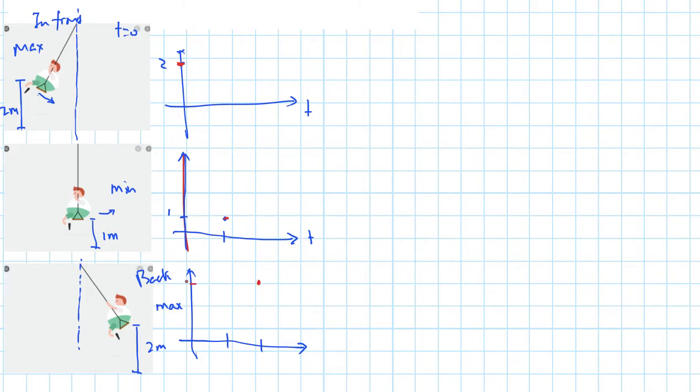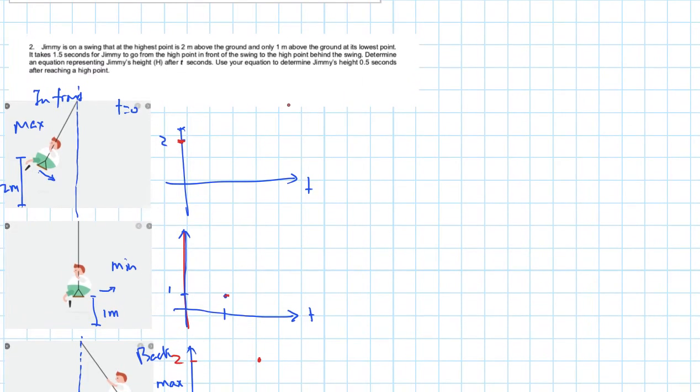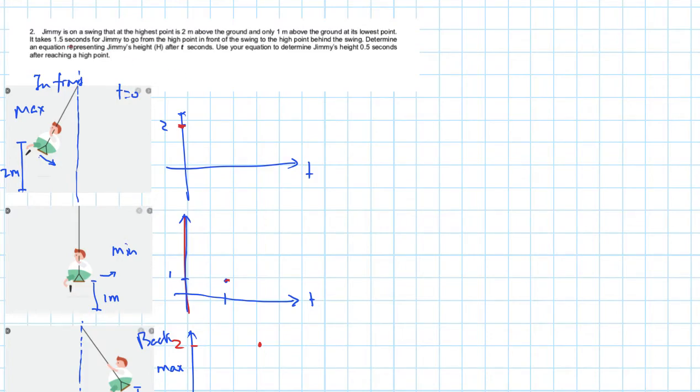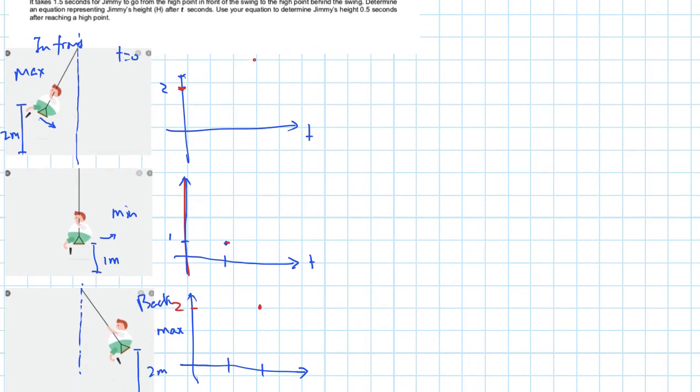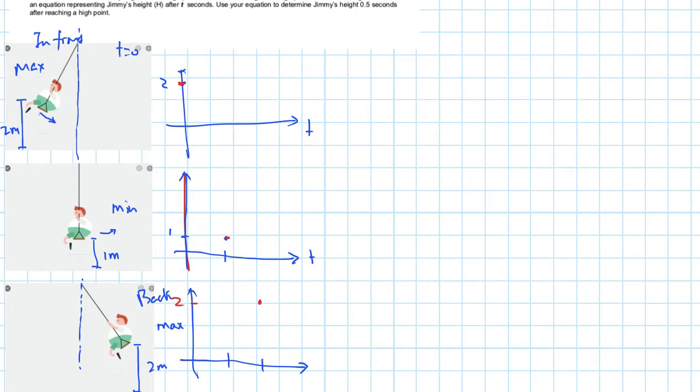So this is 2. There is extra information: 1.5 seconds is the time for Jimmy to go from the highest point in front of the swing to the highest point behind the swing. So if I continue with all those 3 dots and connect them together, from this point he starts going down.